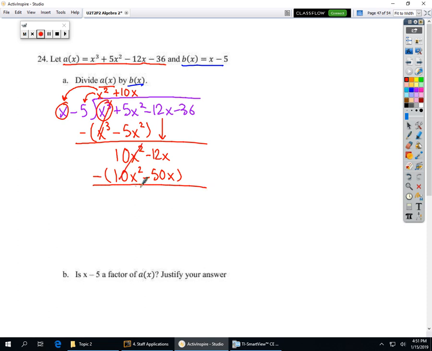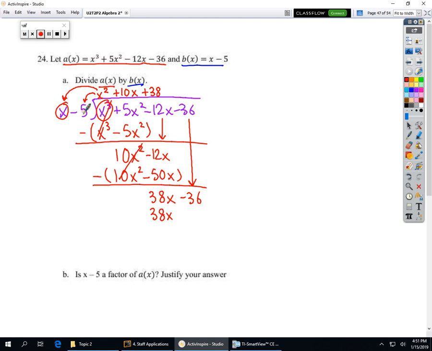Negative 12 minus a negative is a plus. So negative 12 plus 50 is 38. Bring this down. What do you multiply x by to make 38x? A 38. 38 times x is 38x.